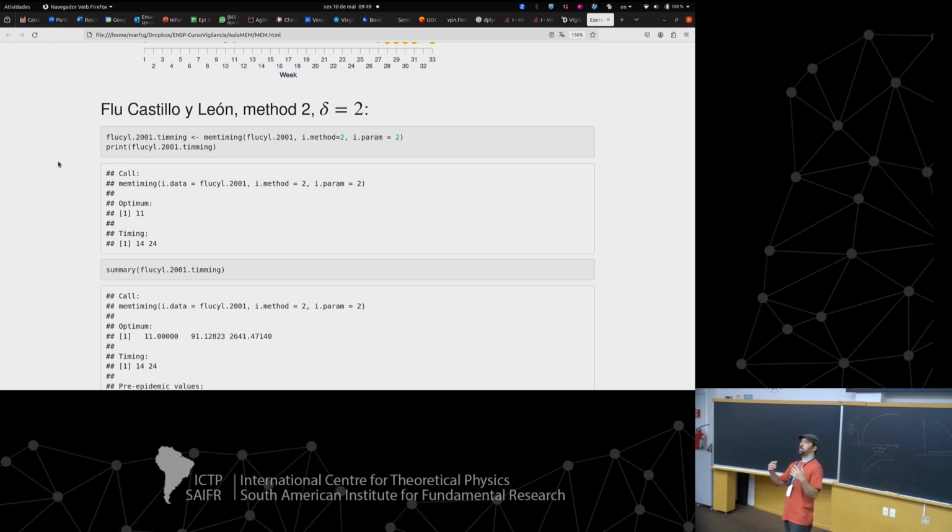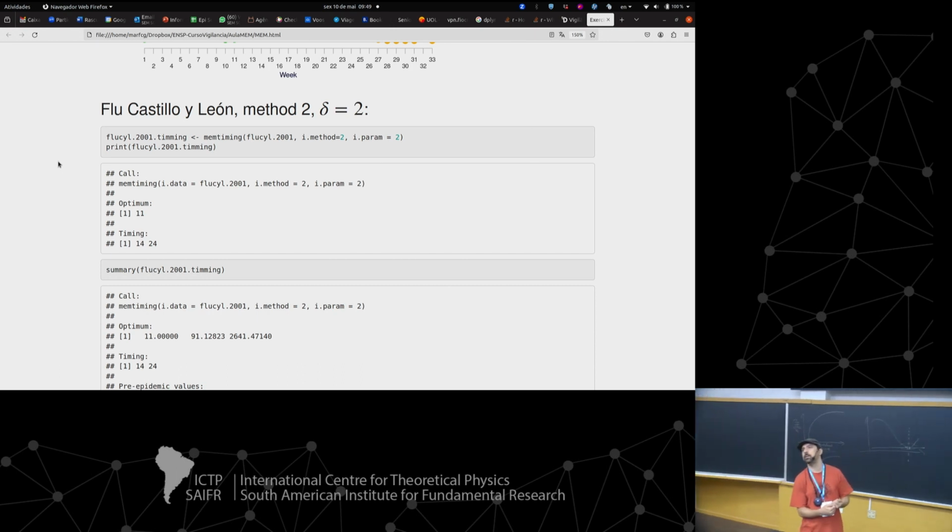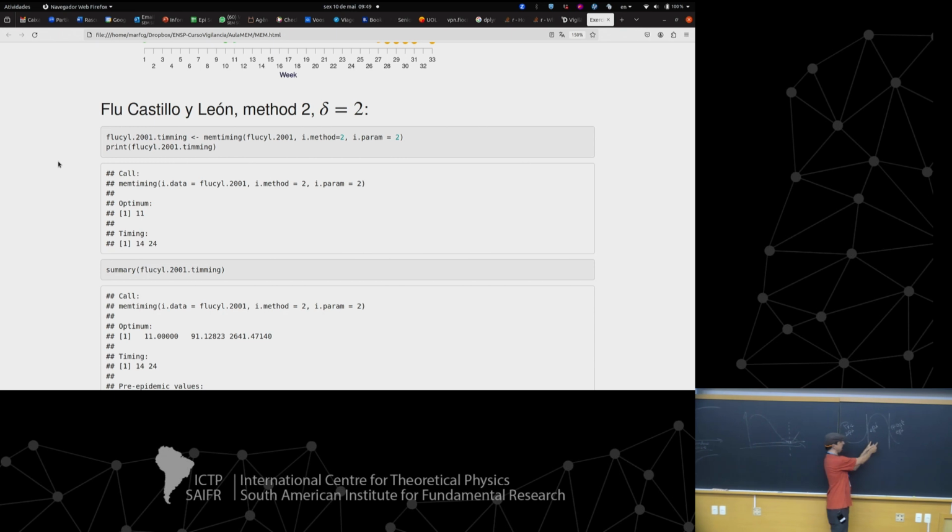You get a bunch of data, you run the method, and you do a sensitivity analysis. If by changing the threshold, how does my window change, and how does this better represent what I actually want to label as pre-epidemic, epidemic, and post-epidemic.